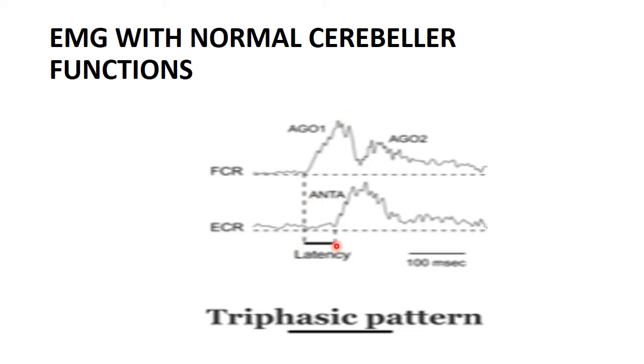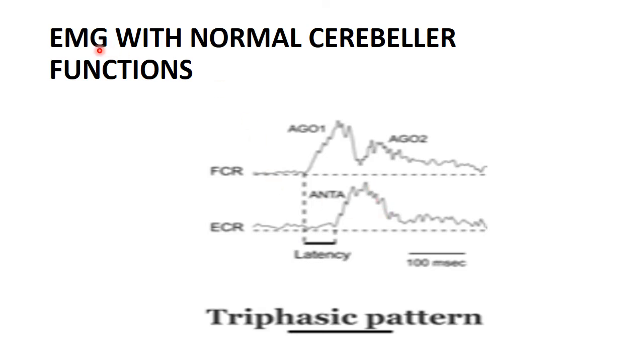After a latency, the peak appears in the antagonist muscle. Then the third peak, or second positive peak of the flexor, occurs after some time of the ECR action potential.